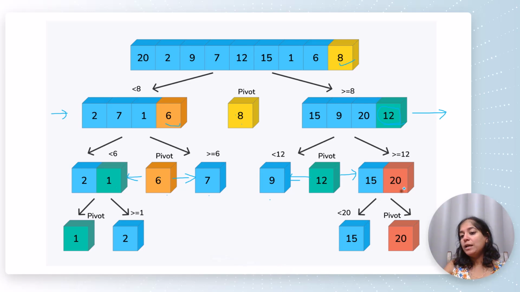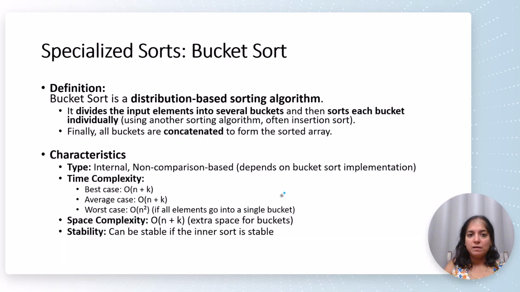For 15 and 20, 20 is the pivot, so elements which are less than 20 go towards its left. If you check these elements in the array, they are finally sorted. It is 1, 2, 6, 7, 8, 9, 12, 15, 20. So the elements are sorted in the array.